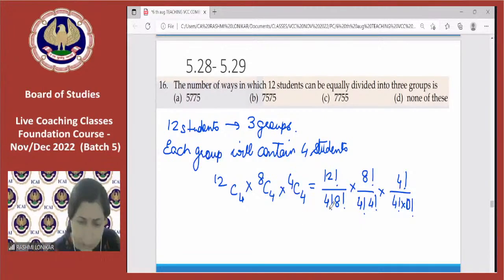Okay. Now here you can see that I can cancel this 8 factorial with this 8 factorial, 4 factorial with this 4 factorial. Now what will remain is 12 factorial upon this much. So let me see how much is that.